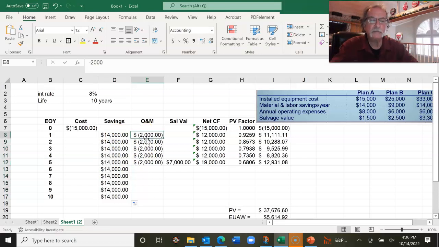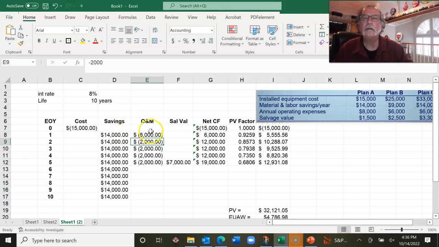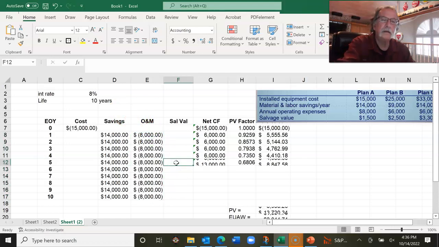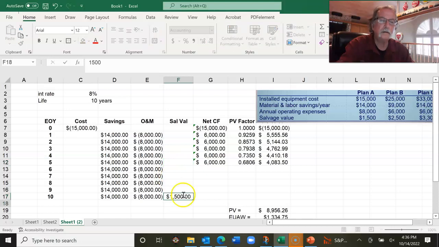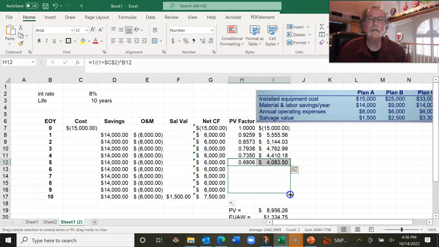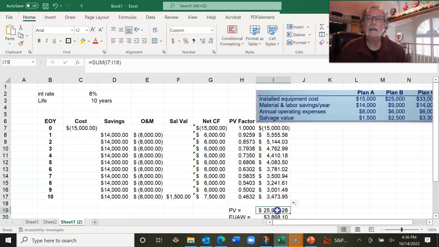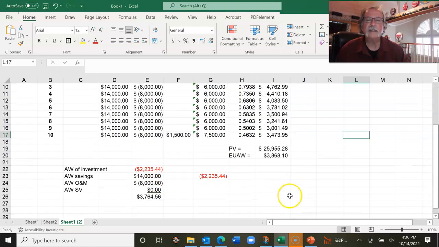Our annual operating expenses are $8,000 per year. Salvage value is $1,500. We'll drag down this net cash flow number here, and we will drag down this. So our annual worth is $3,868.